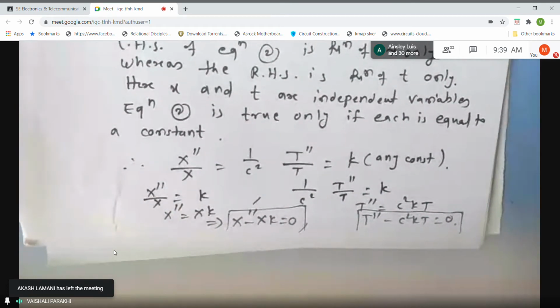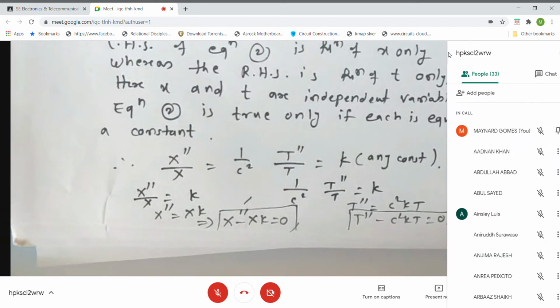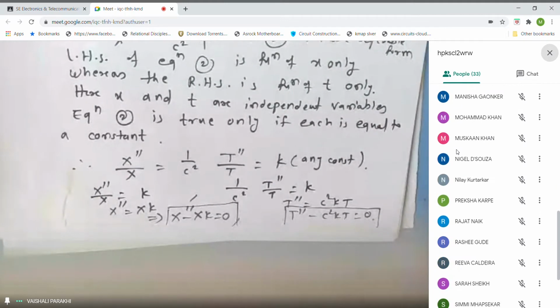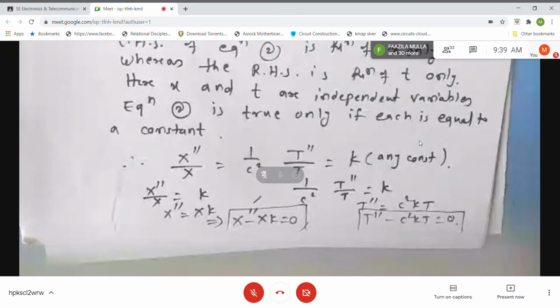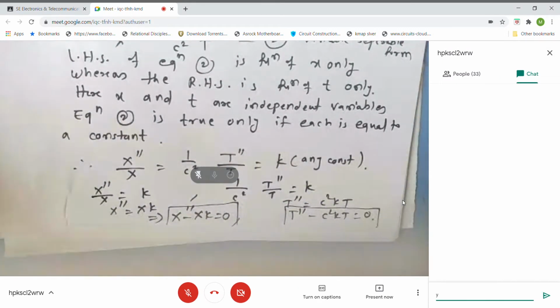Can I turn the page? Please say something in the chat box. Is it done? Can I continue on the next page? Or you are copying still? Yes. Okay.